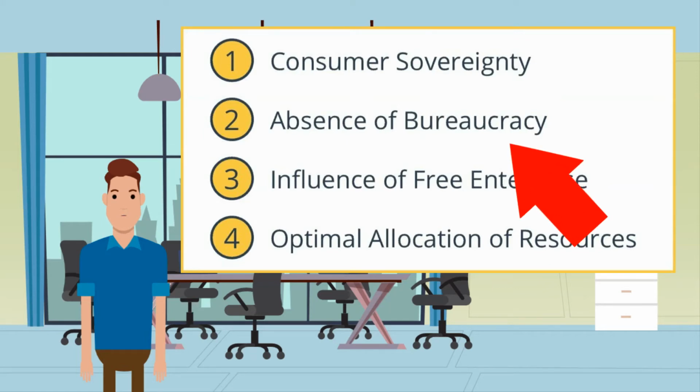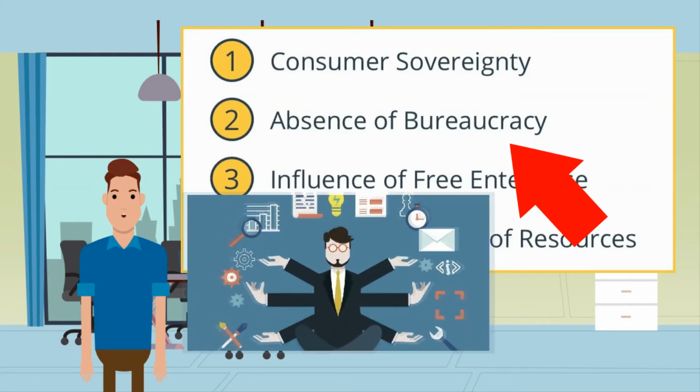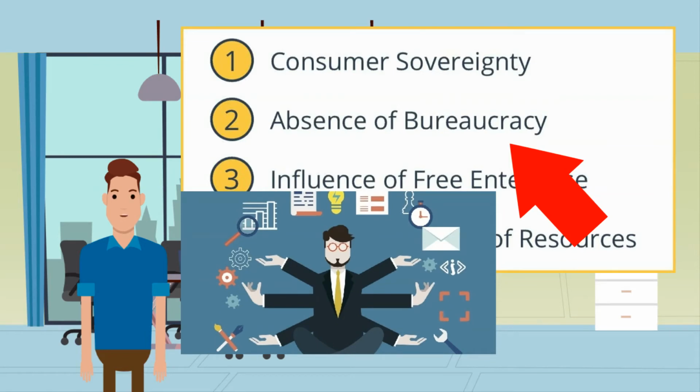Absence of bureaucracy. Because free markets reduce cost and minimize red tape, they lead to more innovation via research and development. Entrepreneurs do not have to wait for the government to tell them what to make. They study demand, research trends, and meet their customers' needs through innovation. This independence also encourages competition amongst firms to improve their products and services.